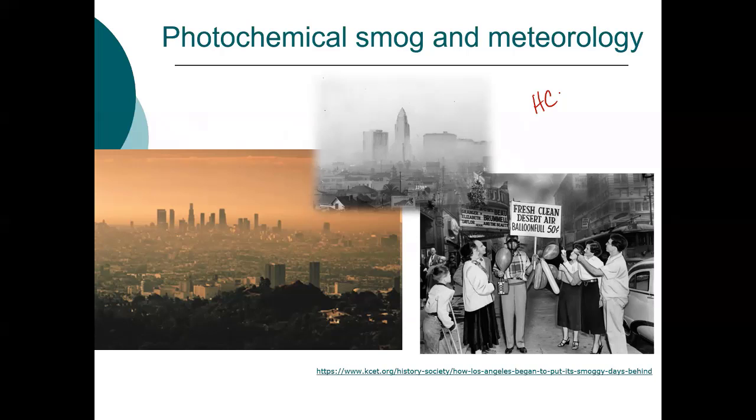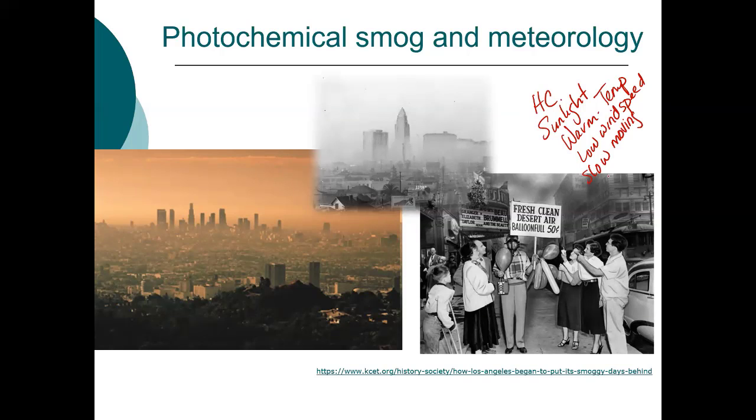Sunlight. Exactly. We need sunlight. We also typically need warmer temperatures. And usually we will have low wind speed and often a slow-moving weather system.